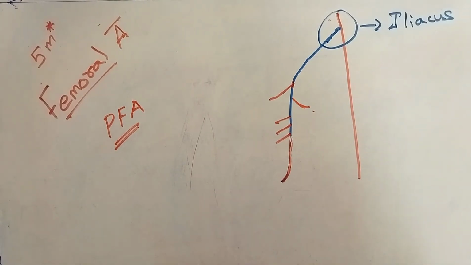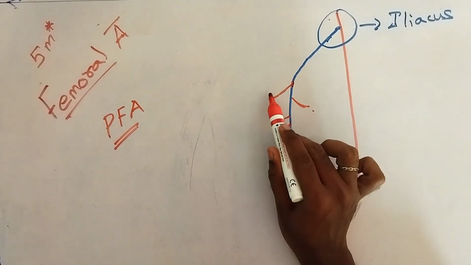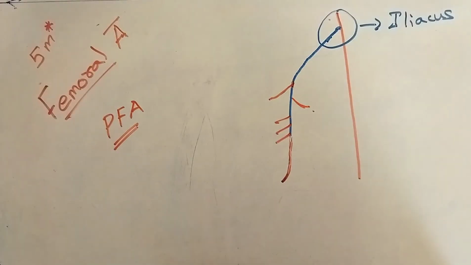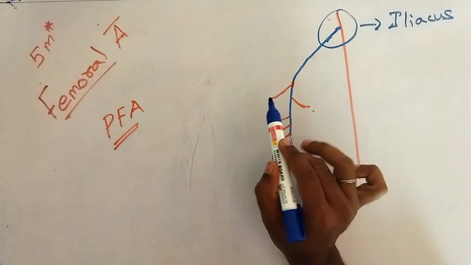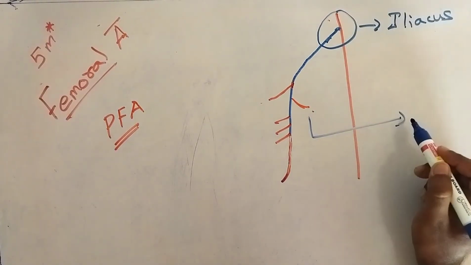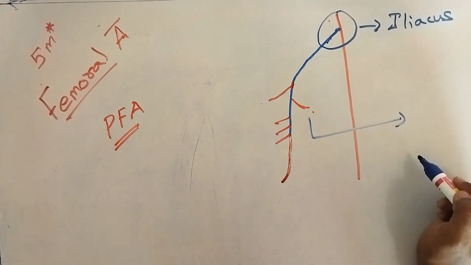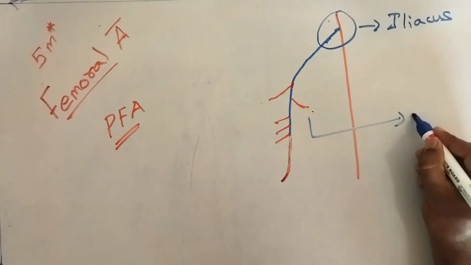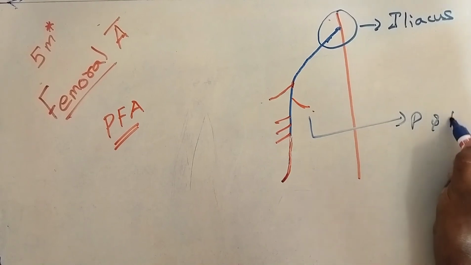The medial circumflex femoral artery leaves the femoral triangle by passing posteriorly between the pectineus muscle and the psoas major muscle.